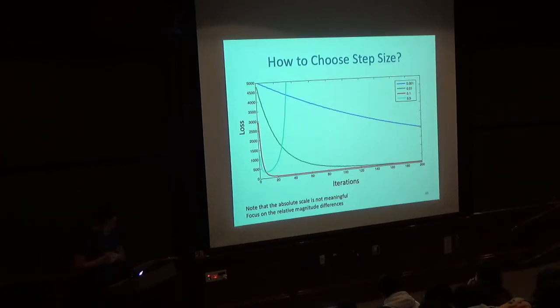So, as the step size decreases, the convergence slows down a lot, right? So for step size of 0.1, we converge very quickly. For a step size of 0.001, we converge very, very slowly. But then if we set the step size too large, we not only don't converge, but we actually diverge.